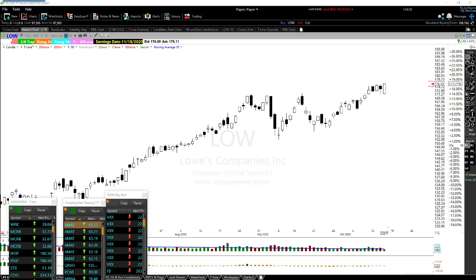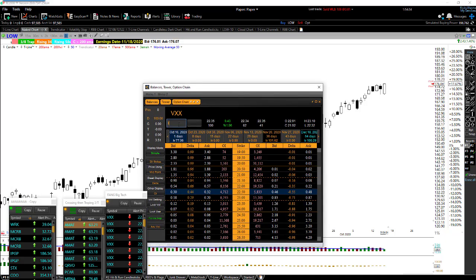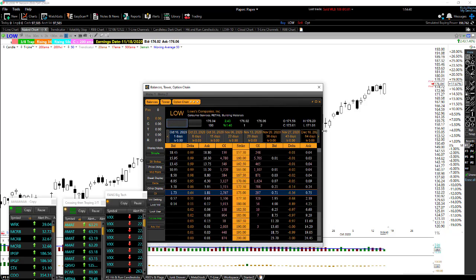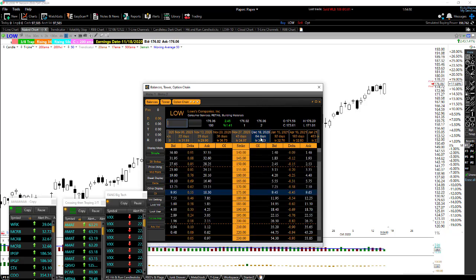Let me bring down my, here we go. So you're right, I look for 50 days out or plus. I can make this longer and look way out, but we're just going to look at December right now. And I look for open interest, which evidently there's none there.